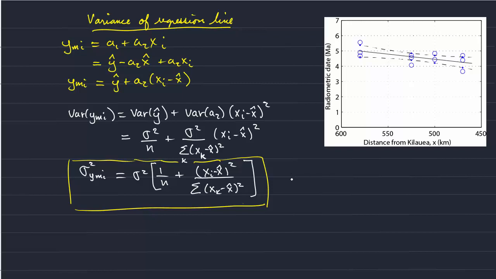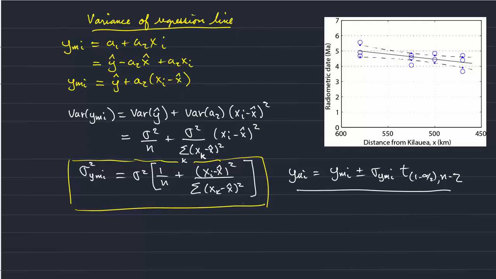And so the confidence interval on the true trend is simply the model trend plus and minus the standard deviation of the model trend times our value of t, right? And so what you'll notice is the standard deviation, or the variance of the model trend, is a function of x, and it increases as the deviation from the mean increases.